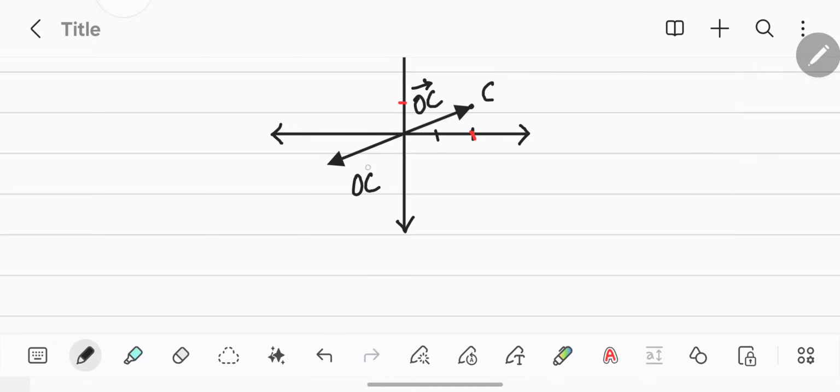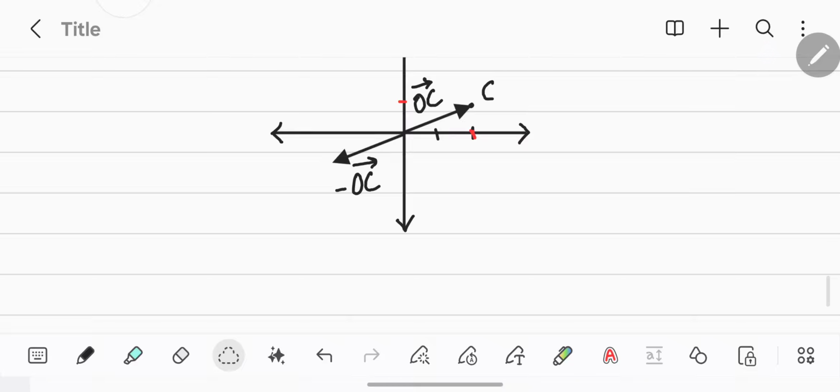I can call it OC but with opposite direction, or in other words, OC with this direction but with negative. There are two representations. This representation is not found in the literature. Usually, if this is OC, then its opposite must be the negative vector. So this is the opposite.